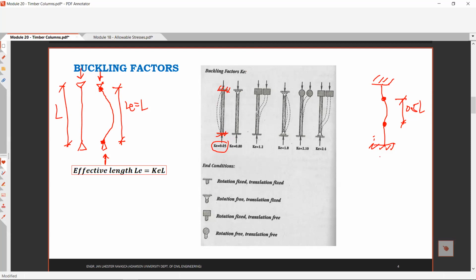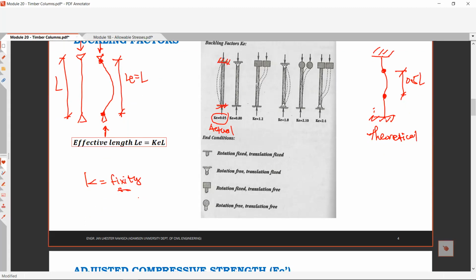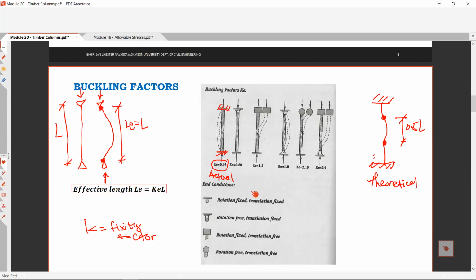Okay, this one is theoretical, and this one is actual fixity factor. Whereas yung K natin, ang tawag dyan is fixity factor. Okay? So, yan yung ating effective length. So, iba-iba yan.